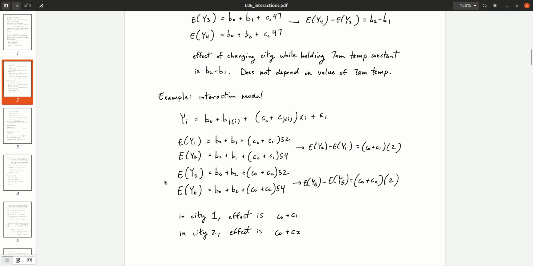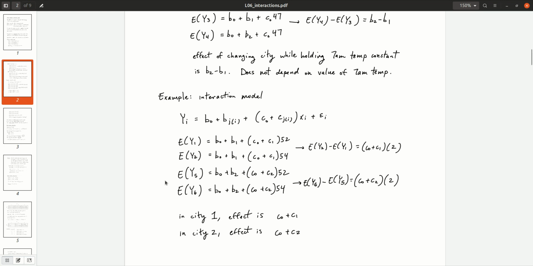All right, now let's go to a different pair of observations, 5 and 6. We're constructing this example so that now we're in city 2. So we get B2 and C2 here. But we've changed the 7 a.m. temperature by 2 degrees, as before in these two observations.